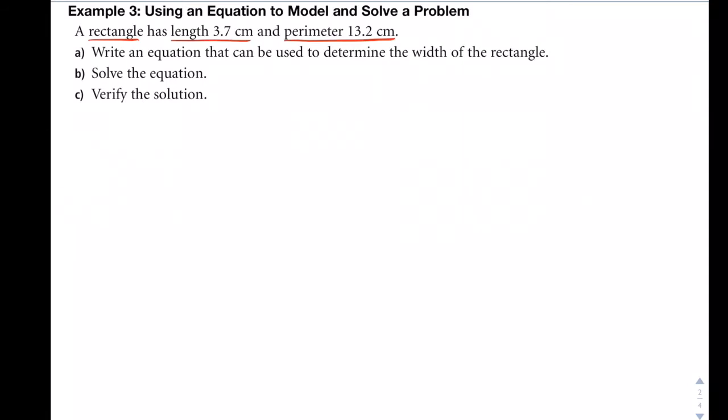So let's draw this out just so that we know what it looks like. So here's my rectangle. I know that the length is 3.7 centimeters, so that's that. However, the question does not tell us what the width is, so since those are unknowns, I'm going to put an x on this side and an x on this side. All right, so that's the picture for our rectangle.